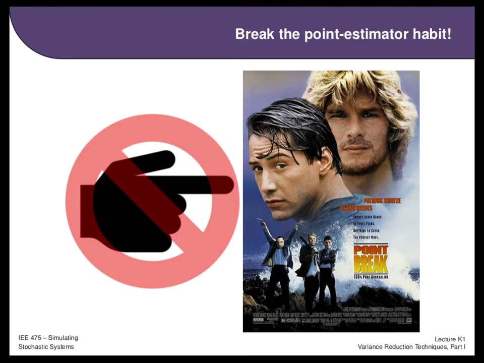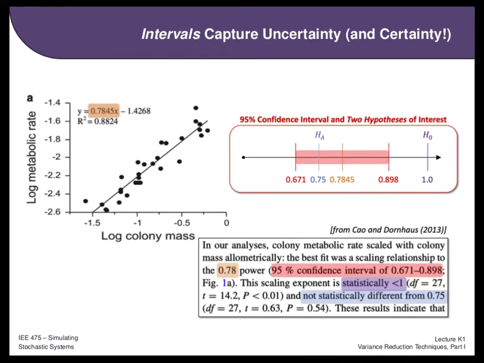So whenever possible, we're using interval estimation. If we read professional documents or published literature, like this particular article that I picked out, then whenever they give a point estimate, like this 0.78 regression coefficient, they always give a confidence interval next to it.